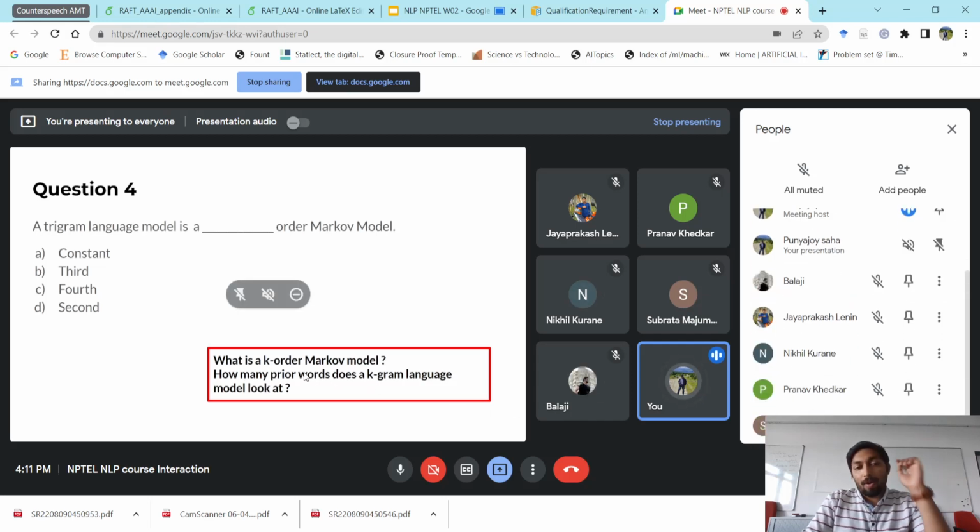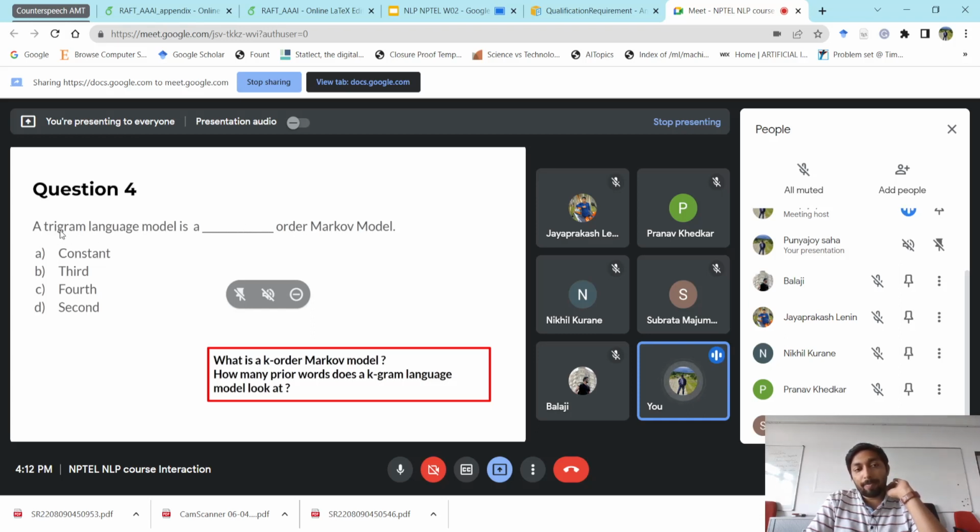So a k-order Markov model looks at the previous k tokens to select the next one. And a k-gram language model looks at k minus 1 terms to predict the next one. So a k-gram language model is the same order as a k minus 1 order Markov model.